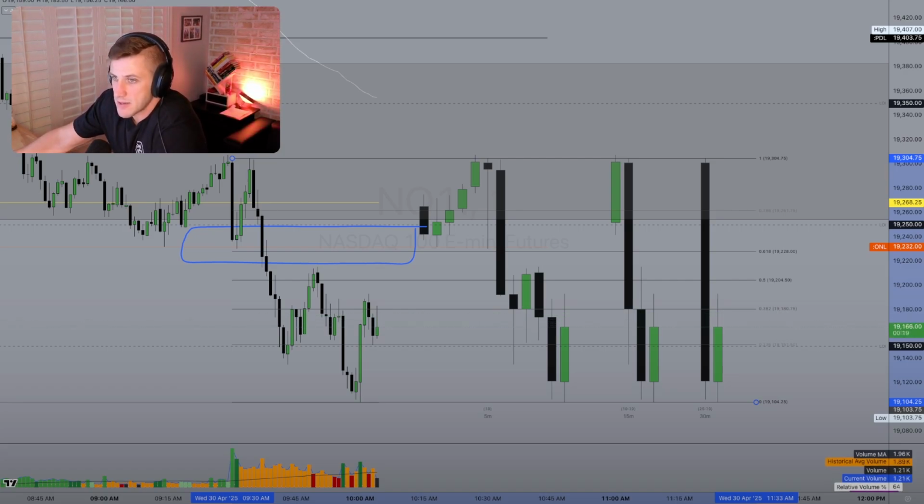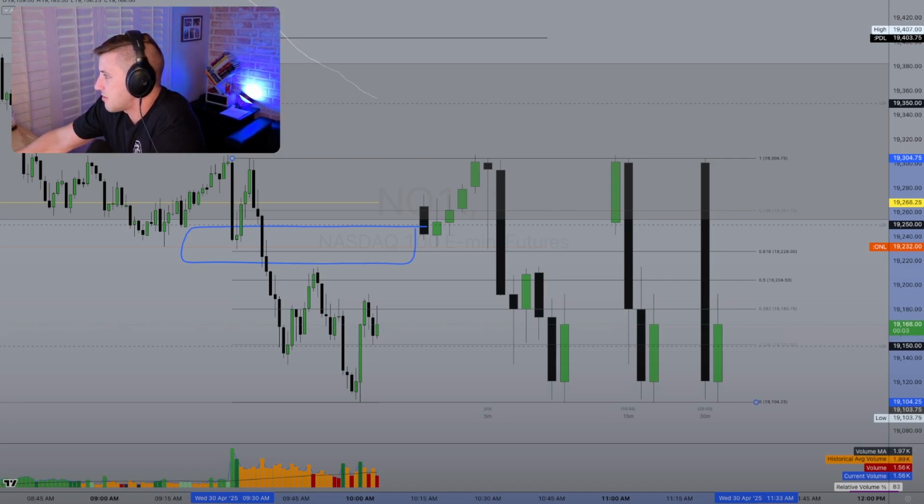I think bears are going to be more worried about the 250. That's the structural, the big structure point. 19,250. It's the breakdown point.